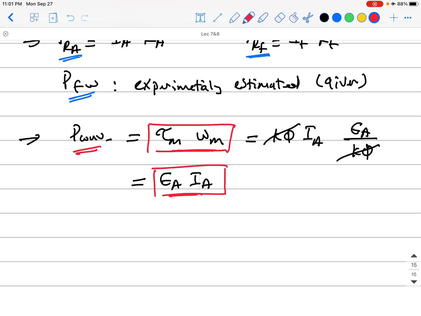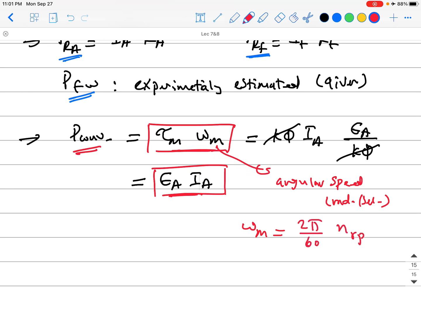That sounds good. And by the way, this omega m, like we said before, is the angular speed in radian per second, but it can be calculated as 2 pi over 60 times n rpm.